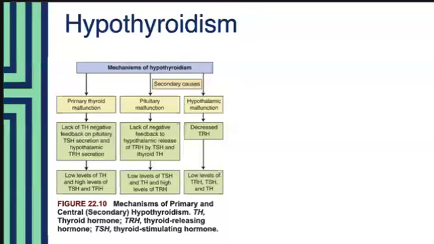Now, primary is the most common, but we do see secondary, which is central, and it is less common, but typically related to either a pituitary or a hypothalamic failure. The cause is the pituitary's failure to synthesize adequate amounts of TSH or a lack of TRH.